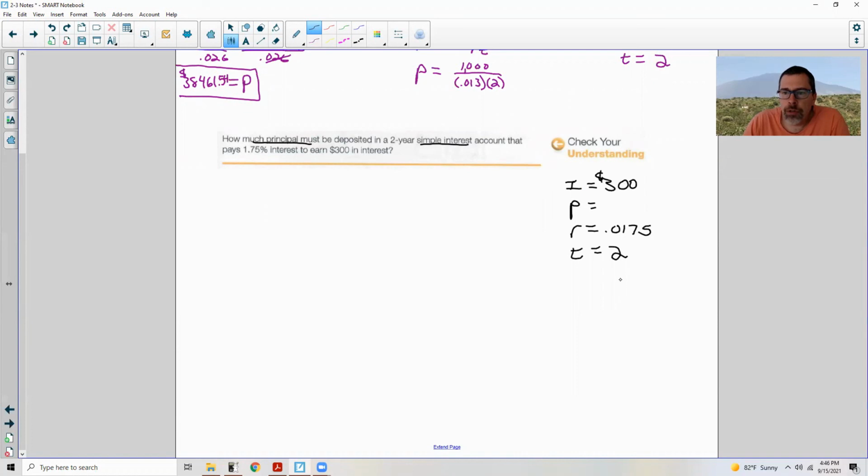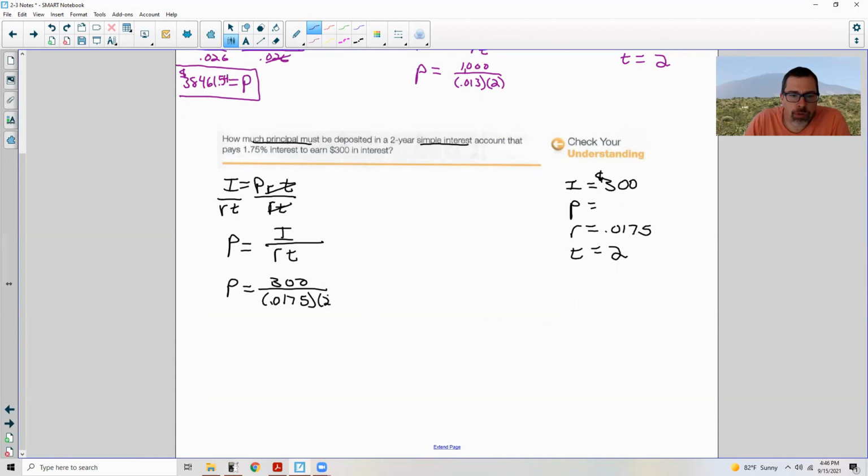Okay, so I want to make 300 bucks. So you say I equals PRT. Let's do it this way this time. Since we're solving for P, we're going to divide both sides by RT. These get canceled. And that leaves me with P equals I divided by RT. So P is going to equal the I, which is 300, divided by 0.0175 times 2.